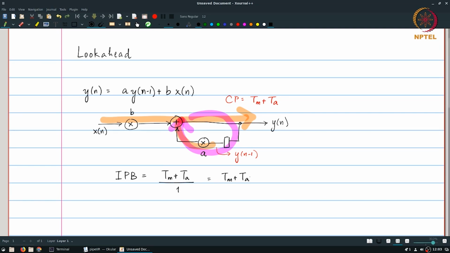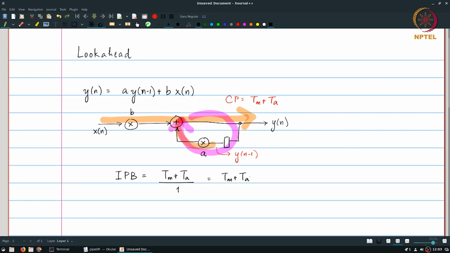And since we have found that the critical path and the iteration period bound match, essentially it looks as though there is nothing further that we can do to speed up this implementation of the IIR filter. In other words, the minimum sample interval that can be used for processing this IIR filter is in fact determined by Tm plus Ta.